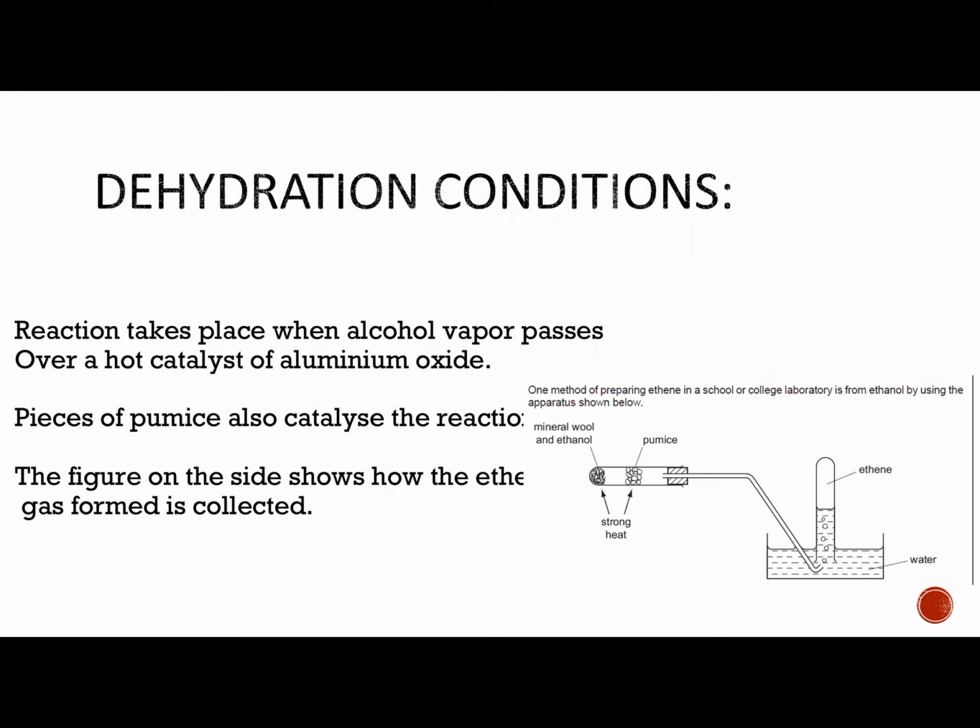All right, so we're almost done. Dehydration conditions, you do need to be aware that the reaction would take place with alcohol vapor and aluminum oxide. Alcohol vapor and aluminum oxide would be your catalyst, and you do need to know these conditions.